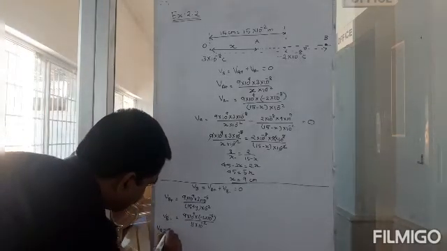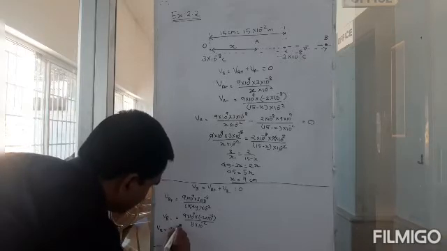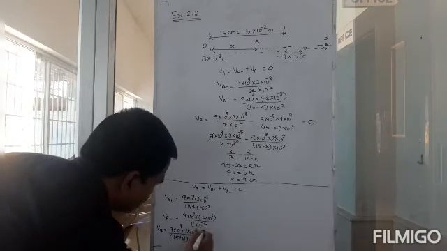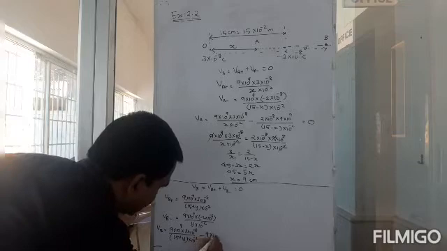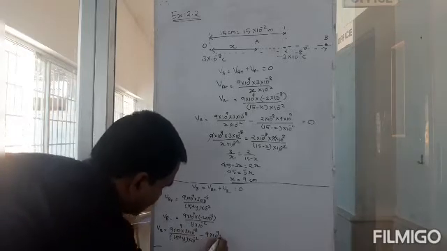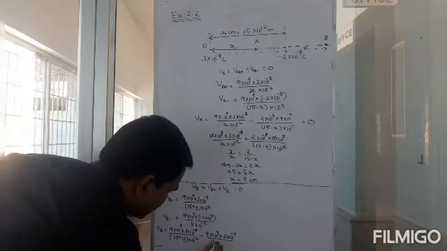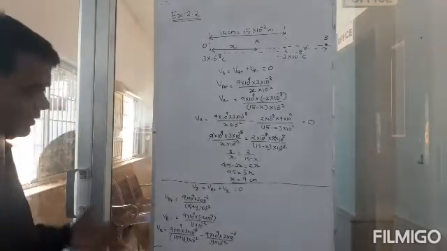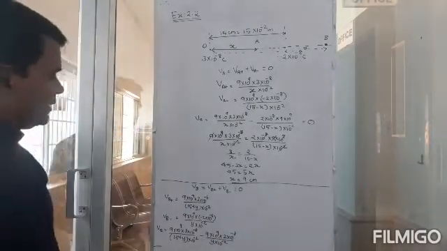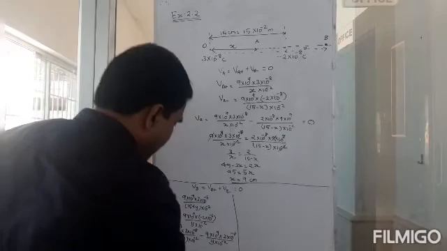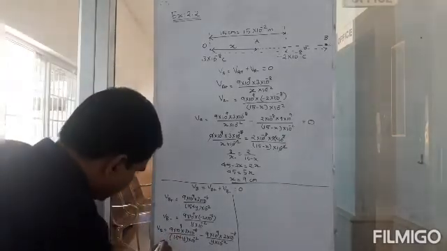VB is equal to 9 into 10 power 9 into 3 into 10 power minus 8 divided by 15 plus y into 10 power minus 2, then minus 9 into 10 power 9, because I have minus here, 2 into 10 power minus 8 divided by y into 10 power minus 2, with y in centimeters now. So this must be equal to 0.